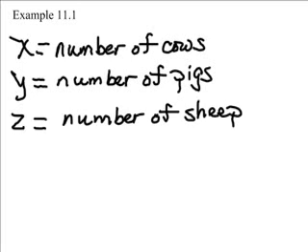Now, I'm going to have to create two equations for the 3 unknowns. One is that we know he bought 100 animals, so x plus y plus z has to equal 100.